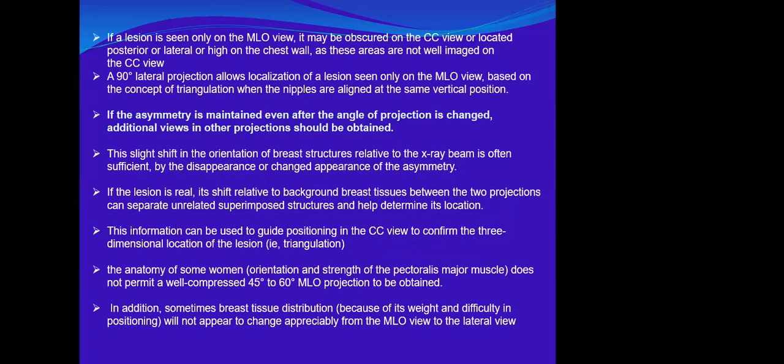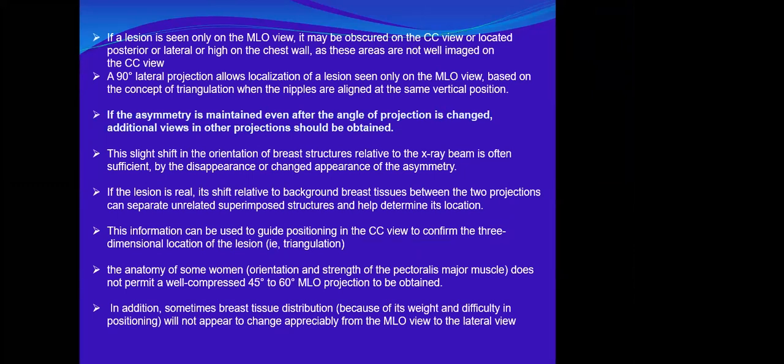Usually we use it when we see an asymmetry, or a lesion in the MLO not seen in the CC view. So if a lesion is seen only on the MLO view, it may be obscured on the CC view or located posterior, lateral or high in the chest wall, as we described, as these areas are not well imaged on the CC view.